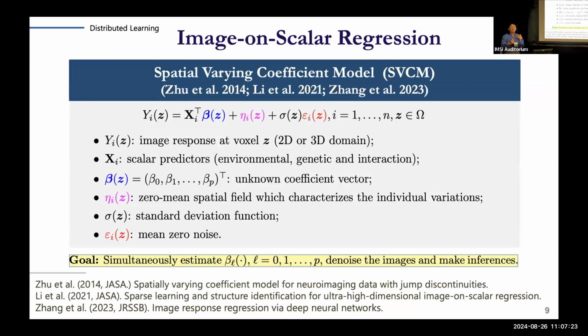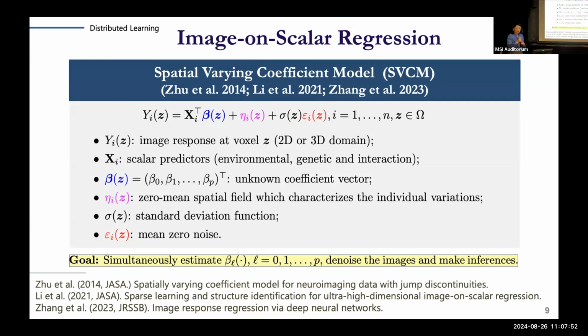So I'm from the functional data community. For the model, I'm going to consider the traditional image-on-scalar regression. This model has been studied by many different authors sitting here. We have an imaging phenotype on the left-hand side, and we try to regress it on scalar predictors, such as environmental, genetic, or their interaction.